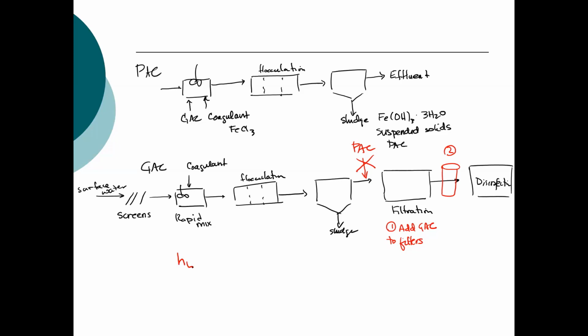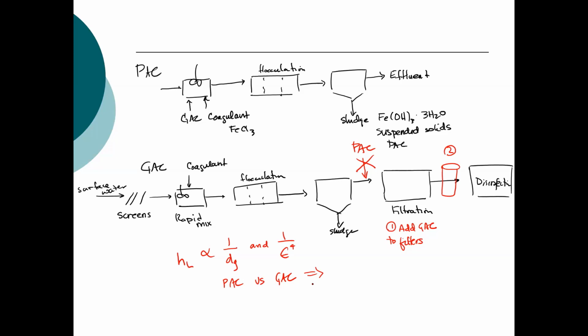Head loss is a function of 1 over the diameter of our particles and 1 over the porosity to the 4th power. What happens if we use PAC versus GAC? How does that affect head loss? PAC is much finer.